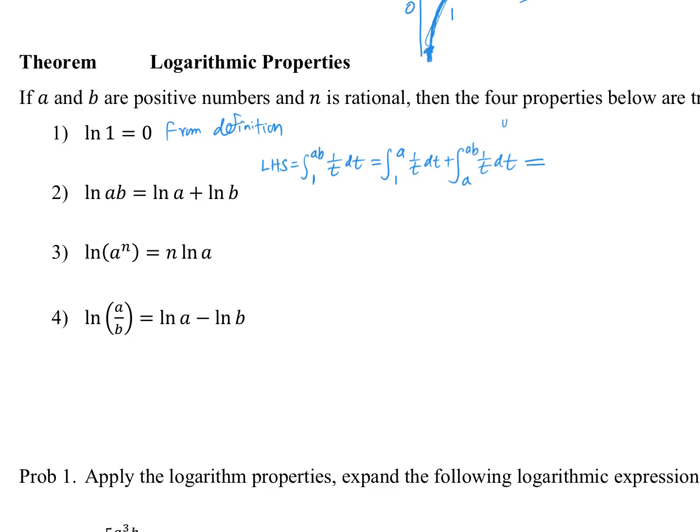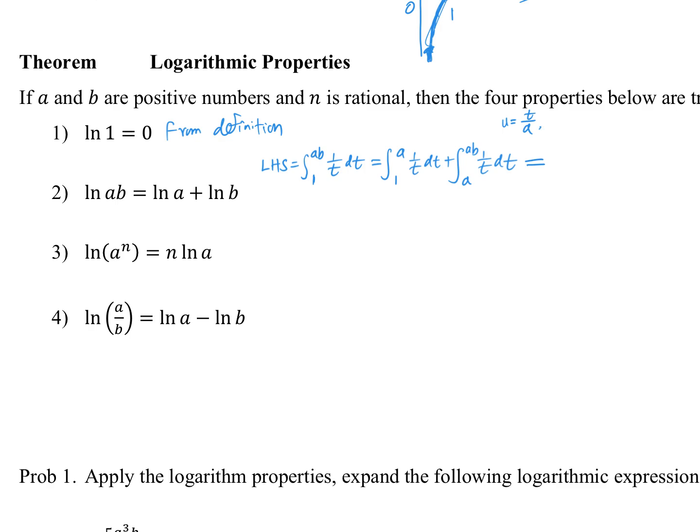Let u be t divided by a. How does that come up? Because after you do the substitution, we have to change the limits as well. When t is a, we want the new lower limit to be 1, so u is t divided by a. That's the hint to come up with this substitution.